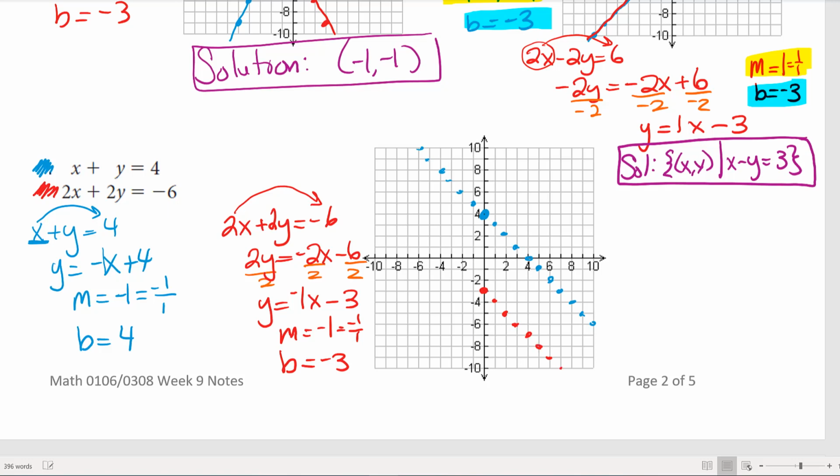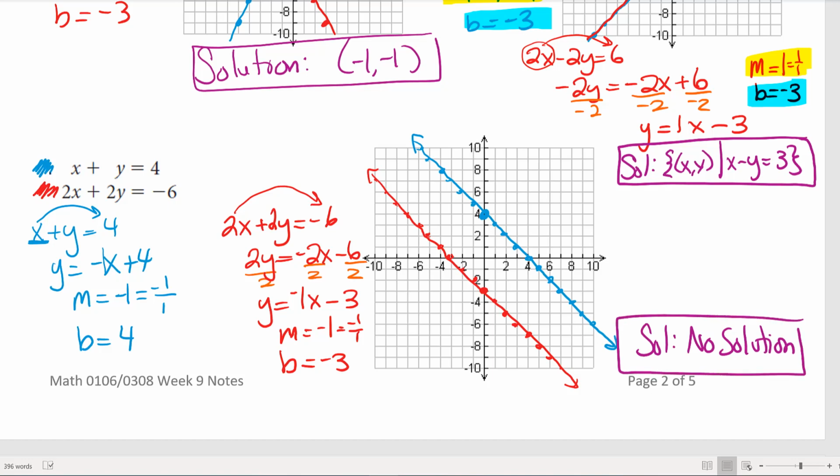These are not looking like they're getting any closer at all. These two lines appear to be parallel. They started at different points, but they went in the same direction, which means they're never going to cross. So the paths will never, ever cross. So the solution here is no solution.